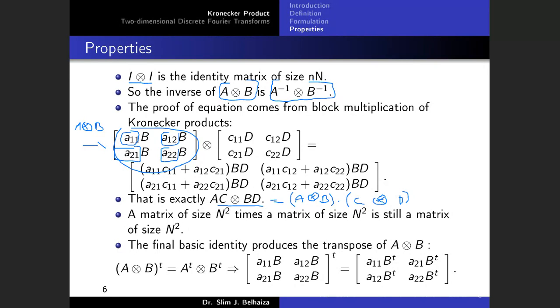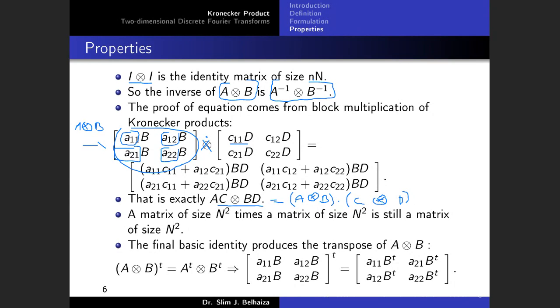Now if I multiply it by C⊗D, this is a dot product, so I do the regular product.